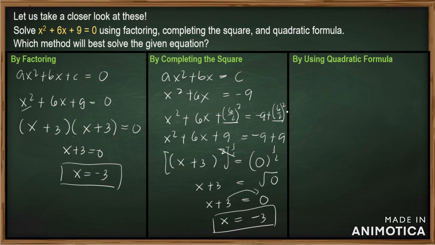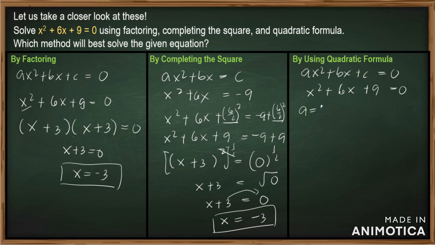Now, if you're going to make use of the quadratic formula, just like factoring, the equation must be written in the form ax squared plus bx plus c equals 0. So we'll just copy this equation here. So we have x squared plus 6x plus 9 equals 0. Identify the values of a, b, and c.